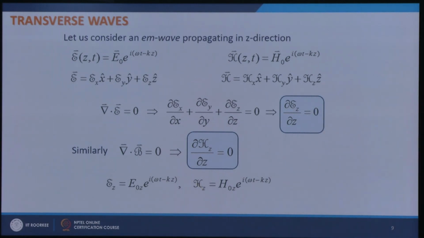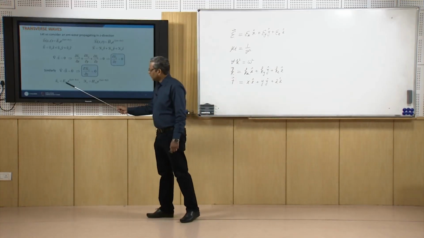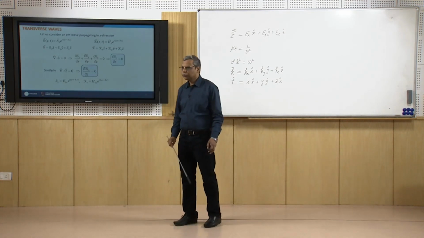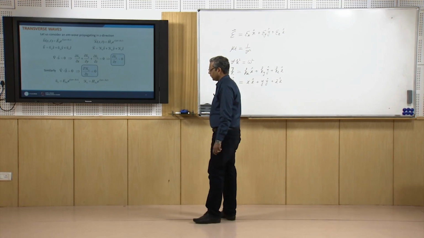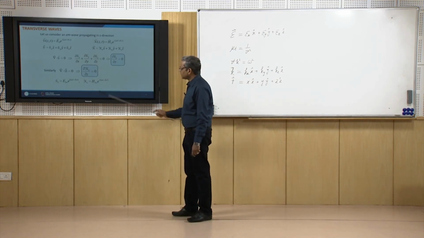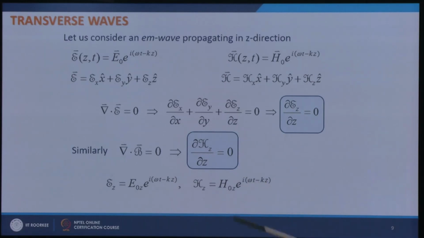which means that Ez is equal to 0, that is there is no longitudinal component, because z is the direction of propagation itself. So, Ez is nothing but the longitudinal component. So, there is no longitudinal component. Similarly, this equation gives me that H0z should be equal to 0, or in this way Hz is equal to 0.